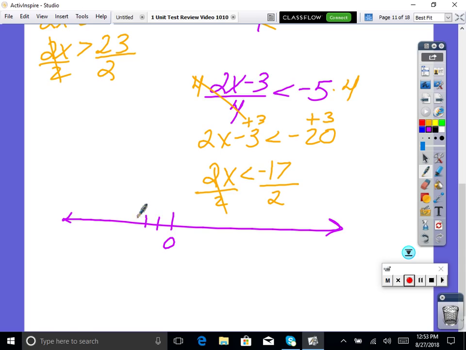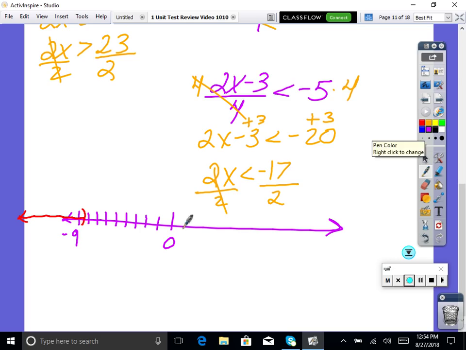So just so you know, 1, 2, 3, 4, 5, 6, 7, 8, 9. Here's negative 9. So 8.5 is halfway right here. Negative 8.5. So it's not including, and then isn't it going that way? Any x values below that. And then 23 divided by 2, if you wanted to know where that was located, that's about 11.5.